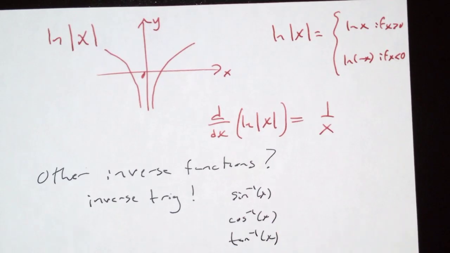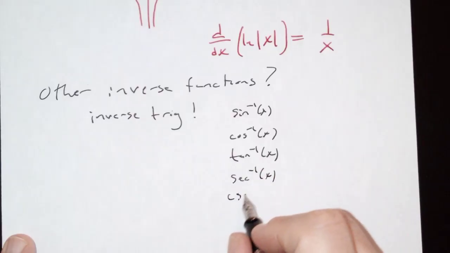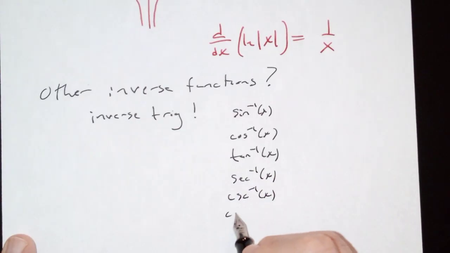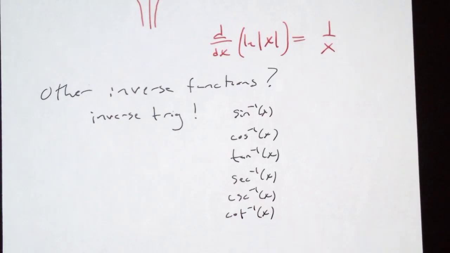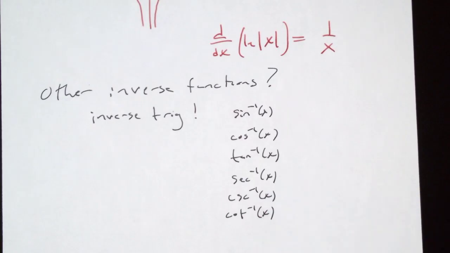And if I have those, then there's also a secant inverse and a cosecant inverse and a cotangent inverse. I will tell you with some moderate sincerity that I very rarely use these latter three. Almost always, if I'm using an inverse trig function, I'm using one of the top three.